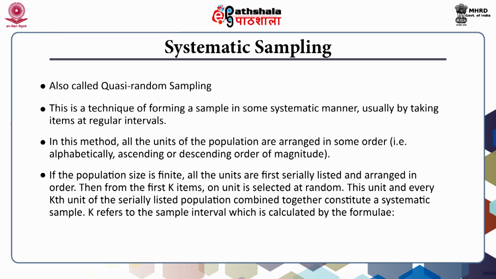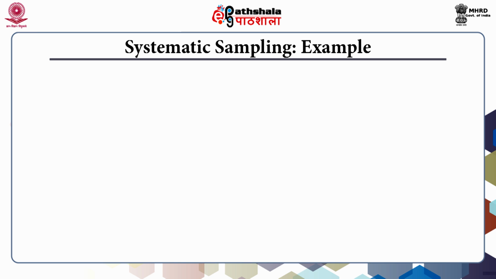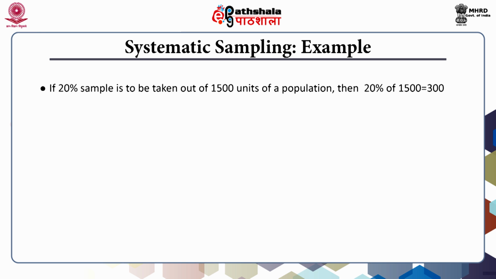K refers to the sample interval, which is calculated by the formula: sampling interval equals population size divided by sample size desired. An example for systematic sampling. If 20% sample is to be taken out of 1500 units of a population, then 20% of 1500 is 300.